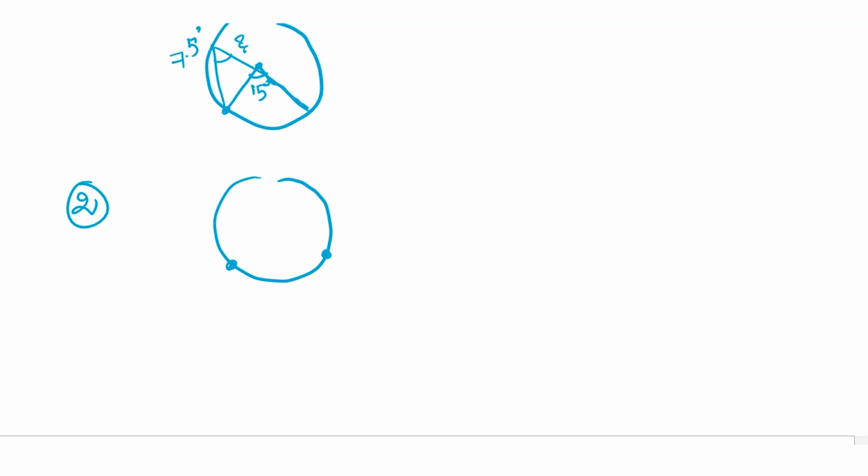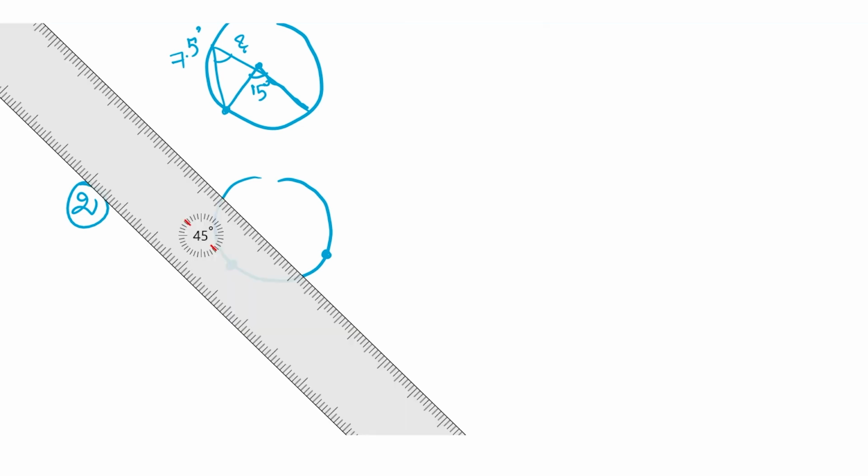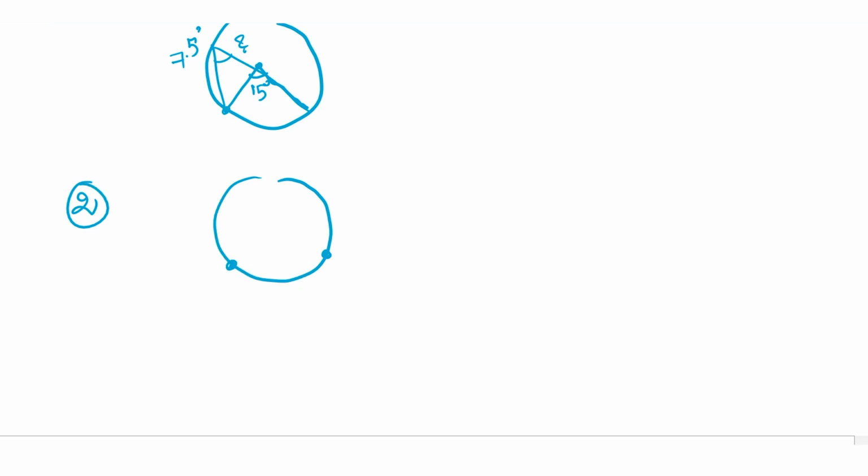Before we go there, let's try to understand some things. Let's say the same minor arc is subtending an angle of, let's say, 30 degrees at point P. Let's say there is another point Q which is on the circle, some random point.